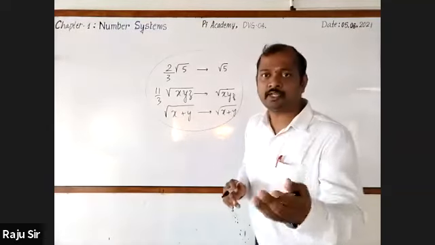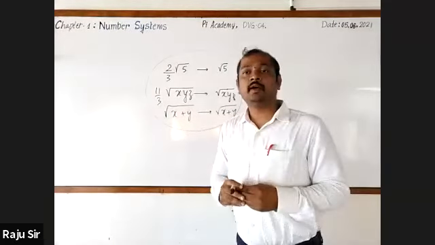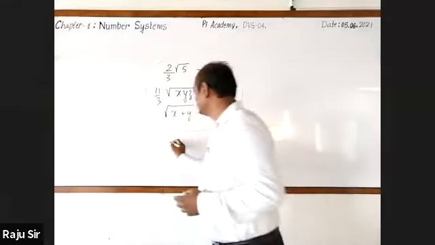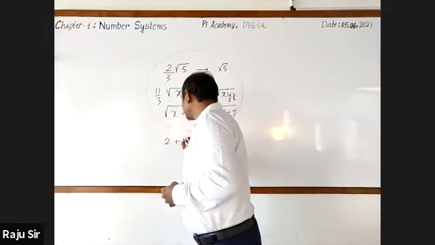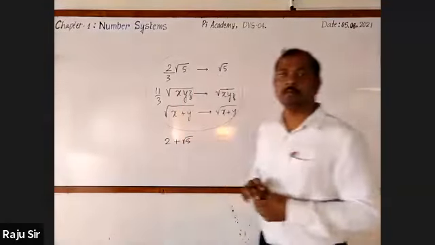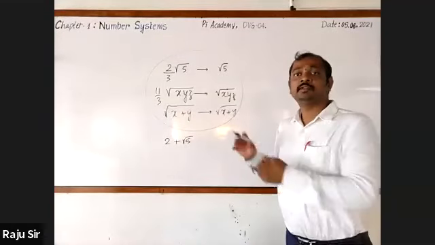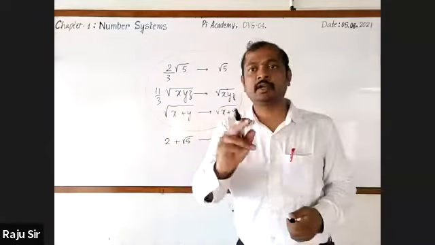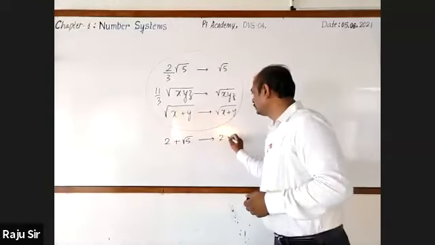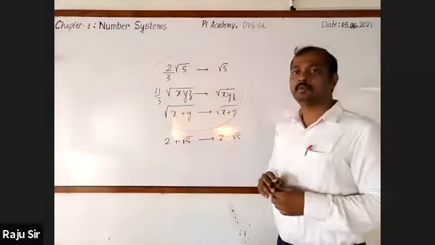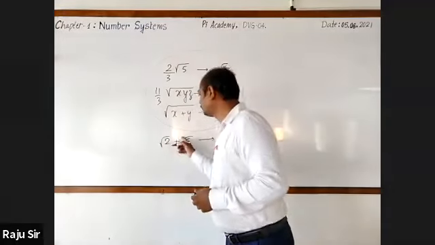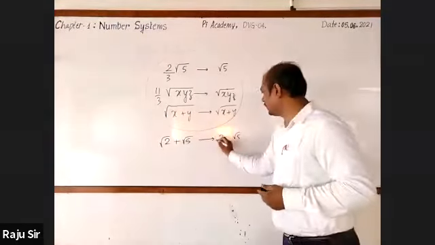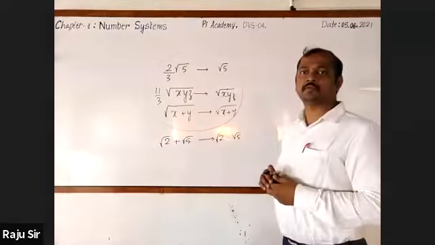We will now take binomial irrational numbers, like 2 plus root 5. For a binomial irrational, its rationalizing factor, nothing but the conjugate, is taken as 2 minus root 5. If it is root 2 plus root 5, then we write root 2 minus root 5.